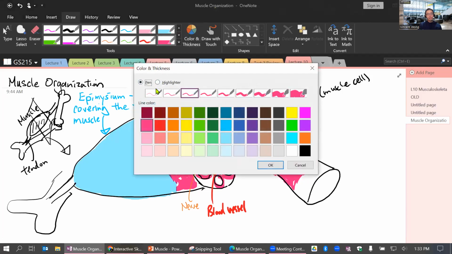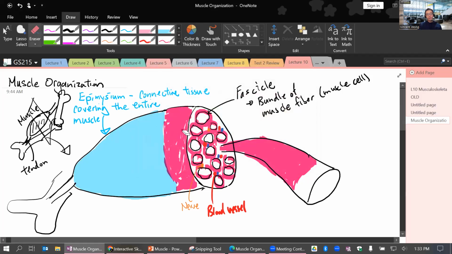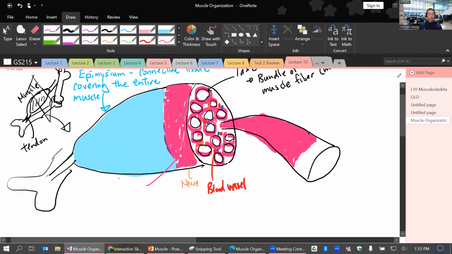When you roll away the epimysium, you would immediately see this pink connective tissue, which of course has a name, and that is called the perimysium. It is the connective tissue surrounding a fascicle.